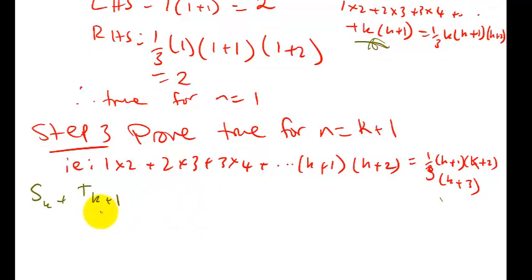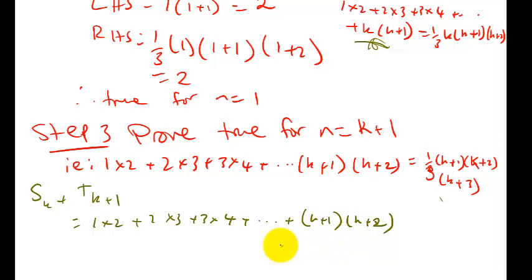Usually they like to tell you to write this, so we would do it: 1 times 2 plus 2 times 3 plus 3 times 4 plus ... plus k times k plus 1, plus k plus 1 times k plus 2, which is equal to 1/3 k plus 1, k plus 2.